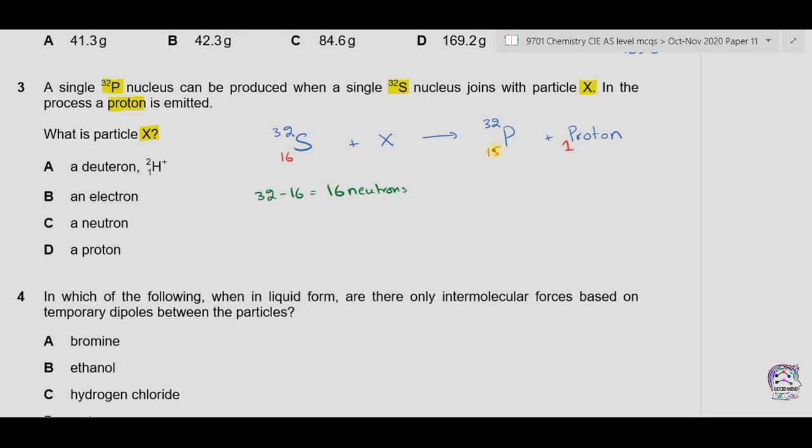On the product side, we have phosphorus 32, so 32 minus 15 is equal to 17 neutrons. So we can see that one neutron is being added to sulfur in order to produce phosphorus. So particle X must be a neutron. The answer is therefore C.